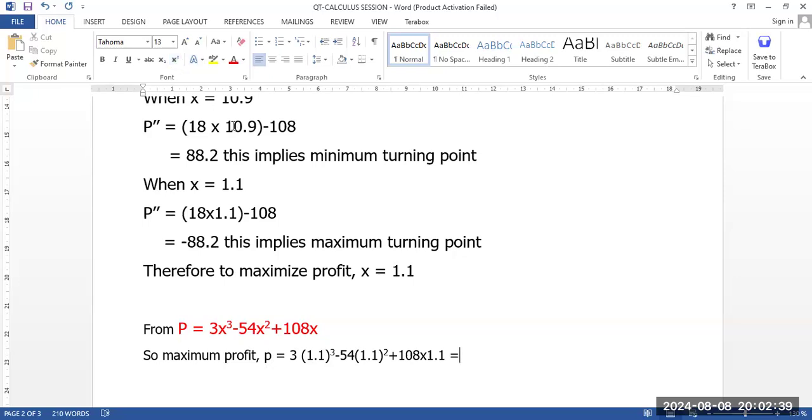Those with calculators, please use your calculators. Don't just wait for the final answer. Learn how to use your calculator. Who has the figure?